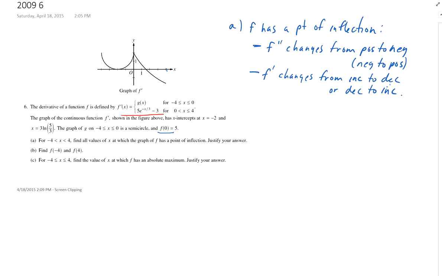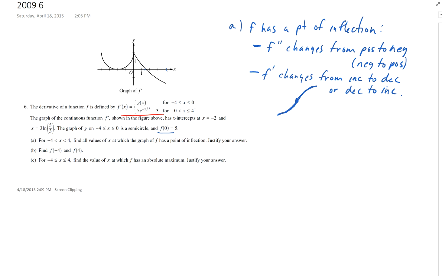Okay, so that's what it means to be a point of inflection. It means f double prime changes from positive to negative, or f prime goes from increasing to decreasing. Because remember, when f prime changes from increasing to decreasing, that's my point of inflection. F prime is increasing here in the first part, and then it's decreasing here. That's my point of inflection.